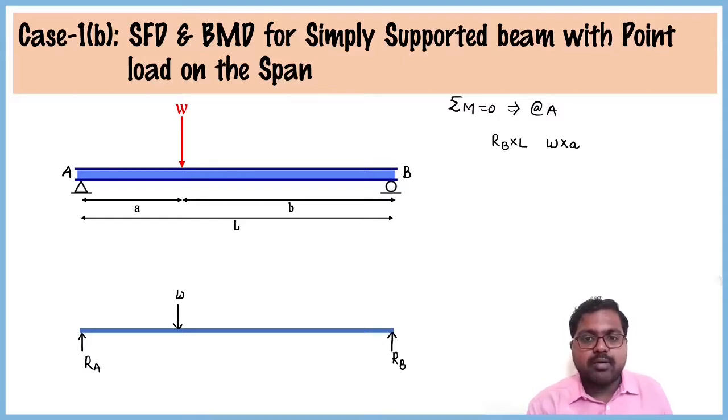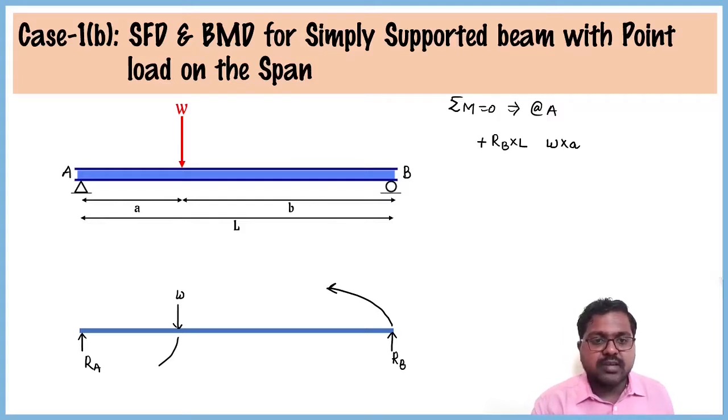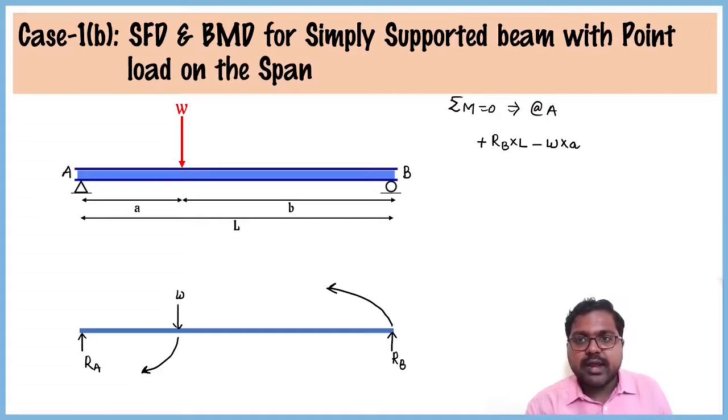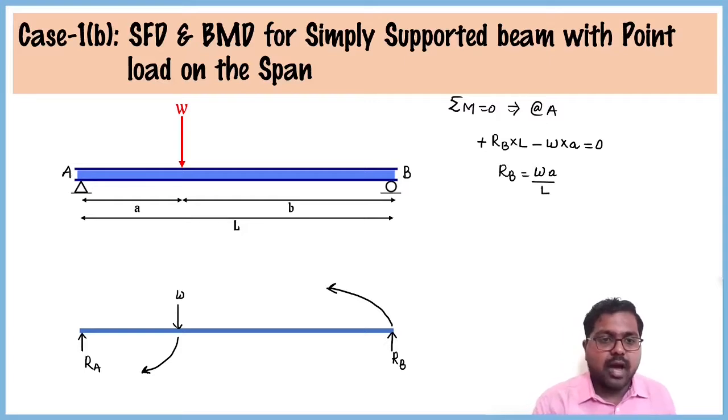So RB into L will create an anti-clockwise moment on A, so it is positive, and W is causing a clockwise moment, so it is negative, which will be equal to 0. So we will get RB like W into a by L. So RB value will be equal to W a by L.